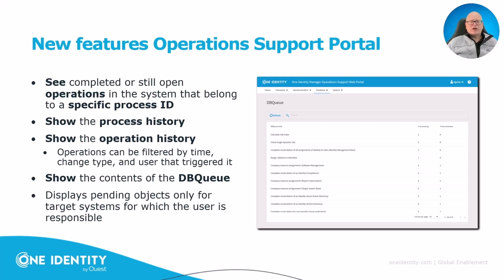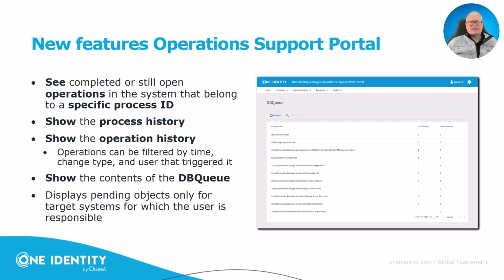Additionally, you can have a look at the process history. You can also have the operations history displayed in the operations portal. And you can see the content of the DB queue if you are interested. Think about the DB queue as the calculation queue of the Identity Manager. People using the job queue know about it.